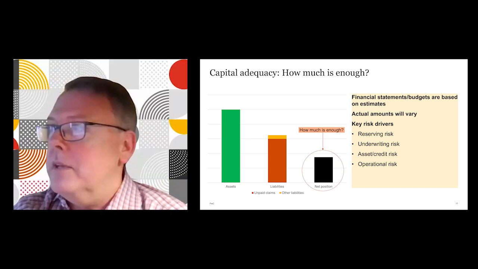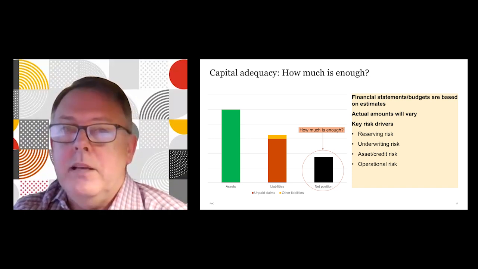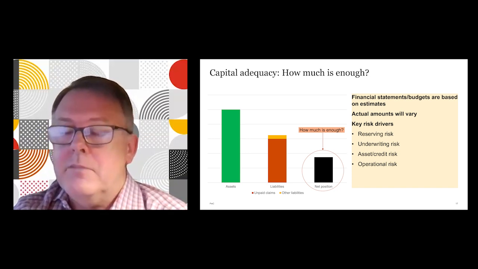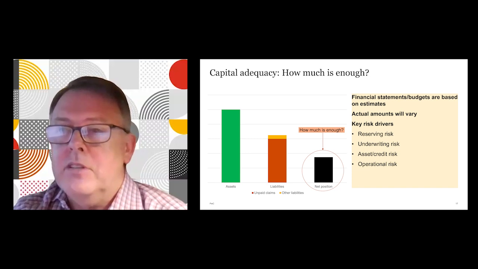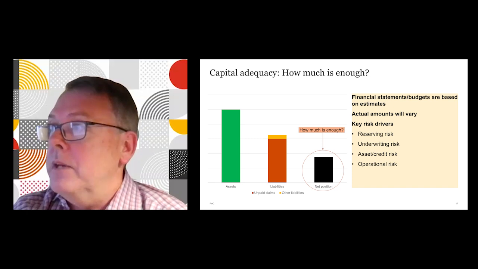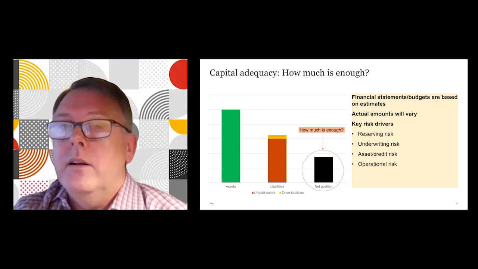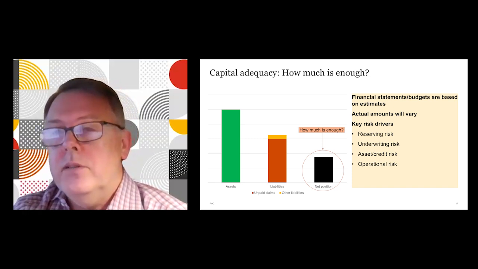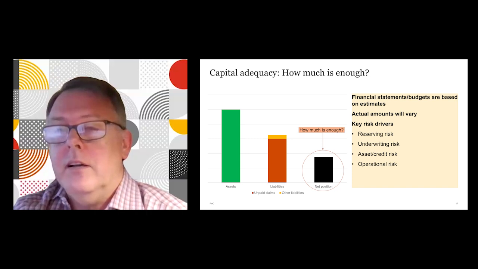Asset and credit risk: asset risk would be like your investments. Maybe you're in the stock market a little bit. The stock market goes up, it goes down. If it goes down, that reduces your capital. Credit risk would be, often you bought reinsurance, so you bought a policy to cover all your catastrophic claims.